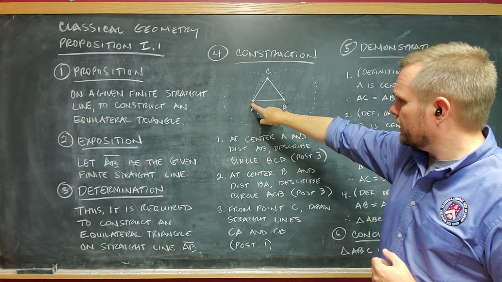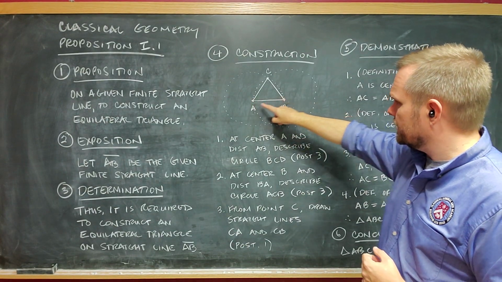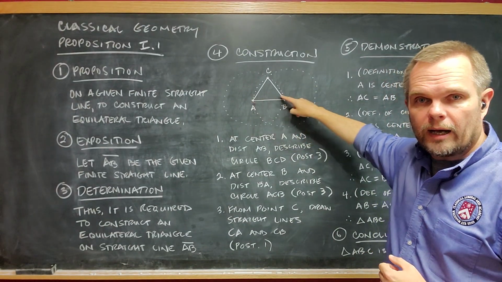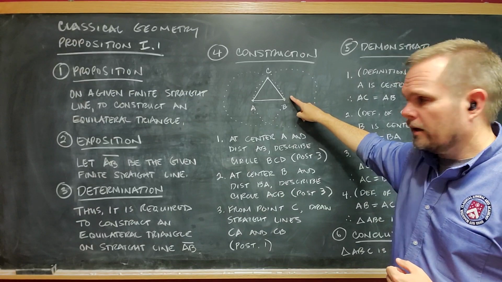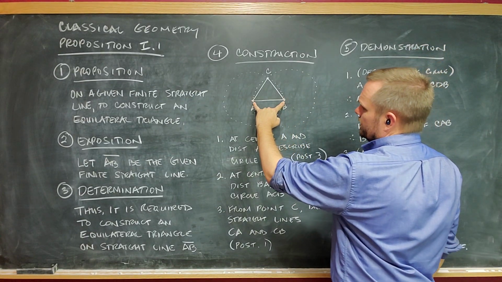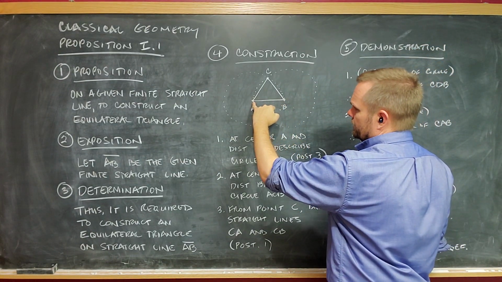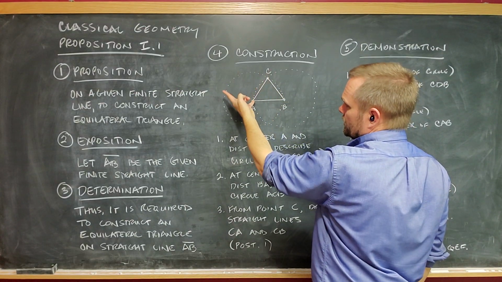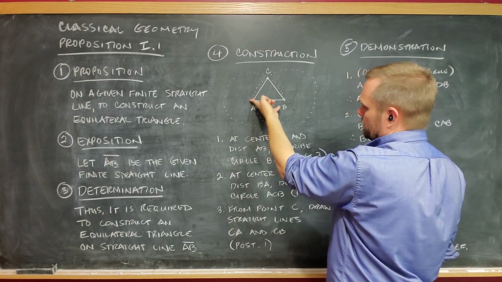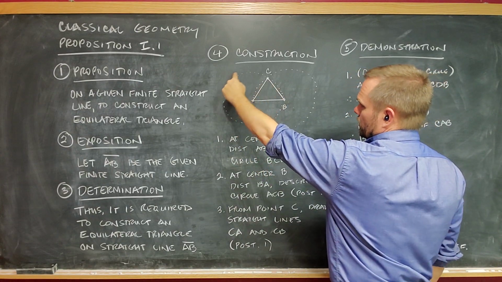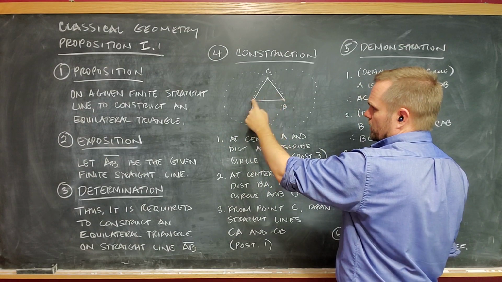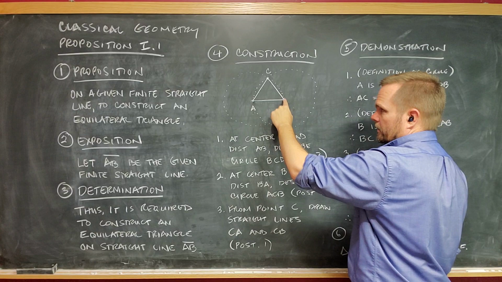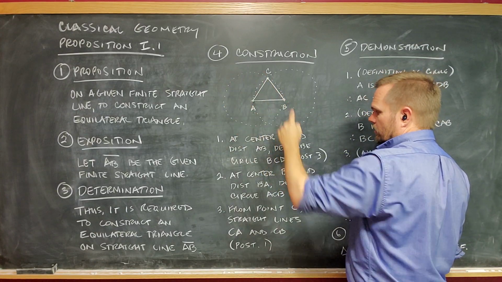So we imagine that line AB is a line extending from the center of a circle out to the circumference. Using A as our center and B as our distance, we're going to describe the circle around and back to point B. So we're going to draw a circle from center A at distance B.